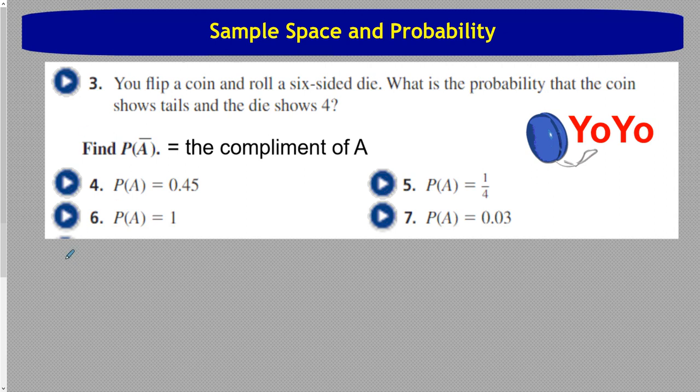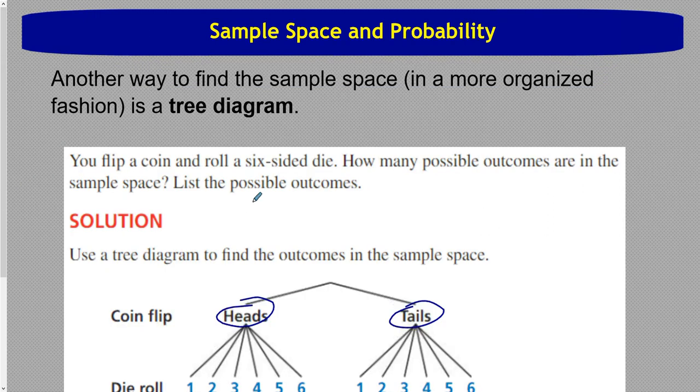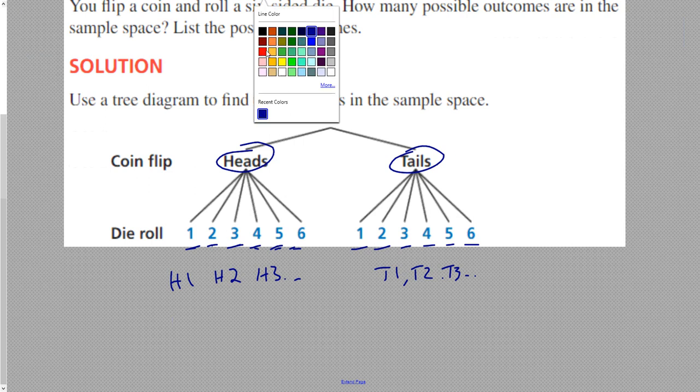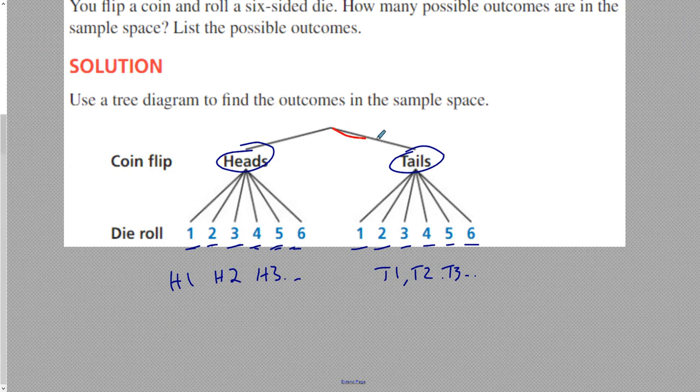Okay, let's start with number 3. You flip a coin and roll a die. What is the probability that you show tails and a 4? So we write this as the probability of showing tails and then a 4. If we jump back to that outcome tree we drew, we're looking for tails and a 4, right? So what I'm looking for is this outcome right here.